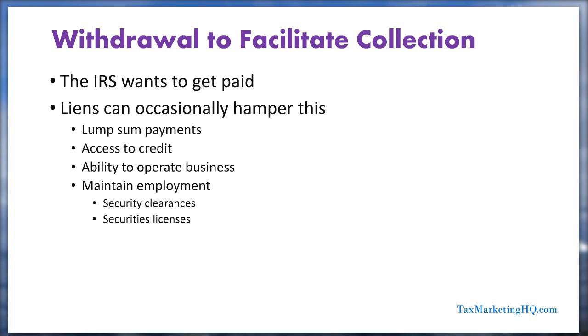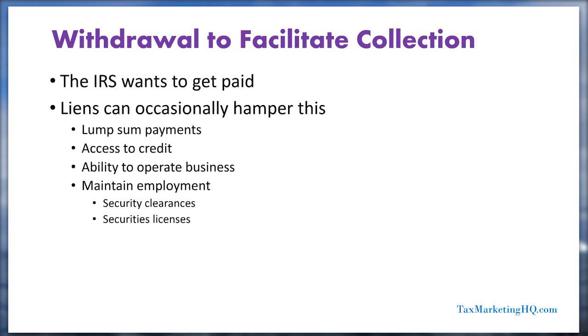You're also going to find occasionally that there will be issues regarding employment and maintaining a federal tax lien. So if, for example, an individual works for a defense contractor or homeland security contractor, and they're required to maintain some sort of security clearance, well, most of the time, part of the determination criteria for granting and maintaining a security clearance is that you have to have good credit.